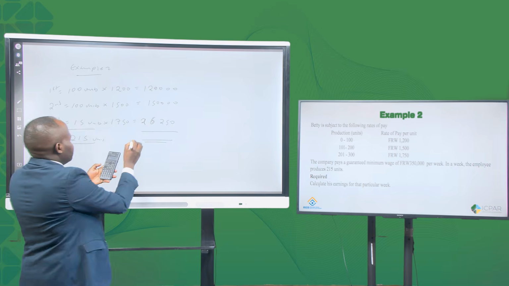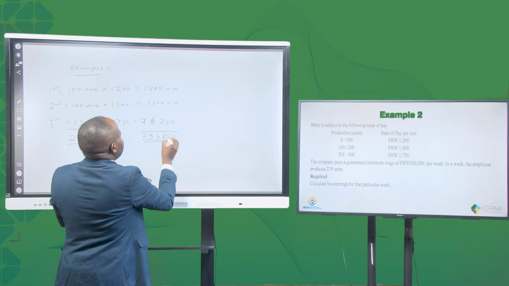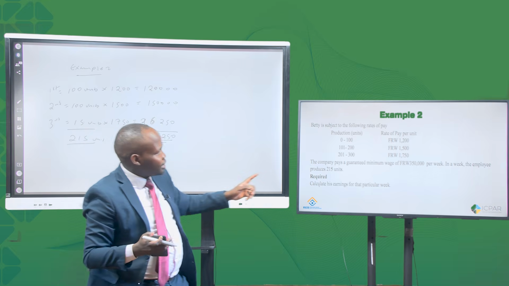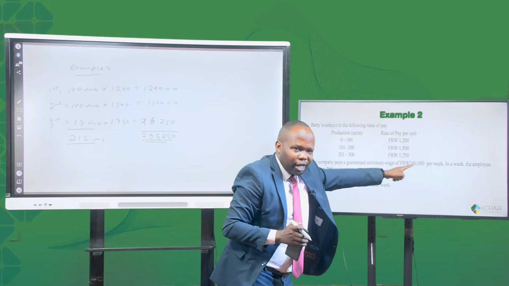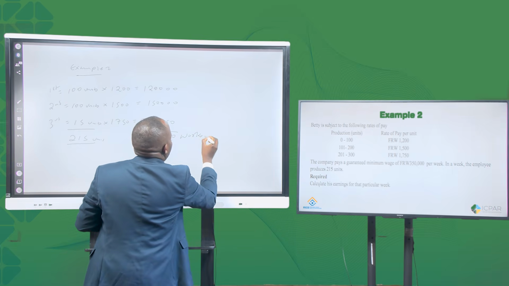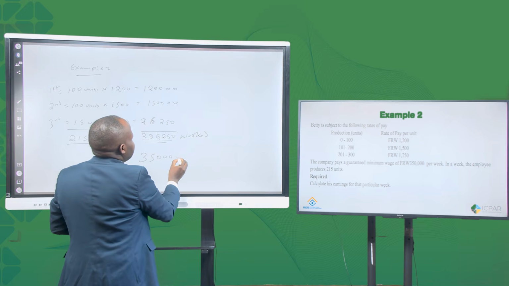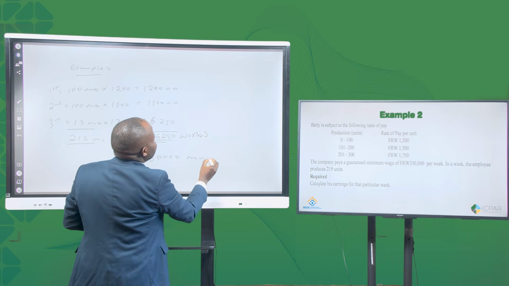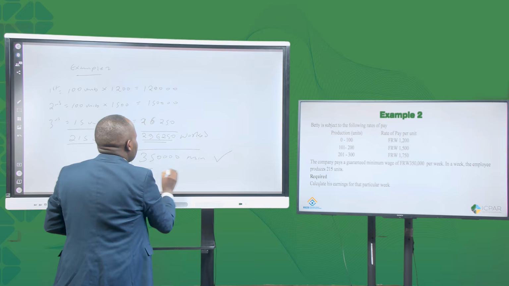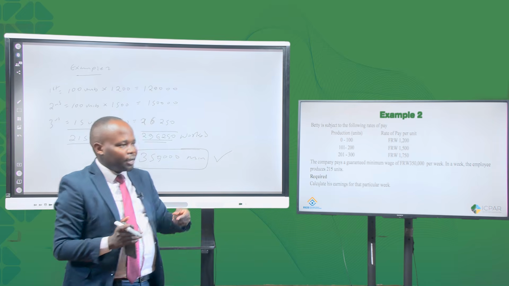So that gives us 296,250. And the minimum was 350. They had worked for that, but the minimum is 350. So they will receive the minimum because that is the least somebody can make.